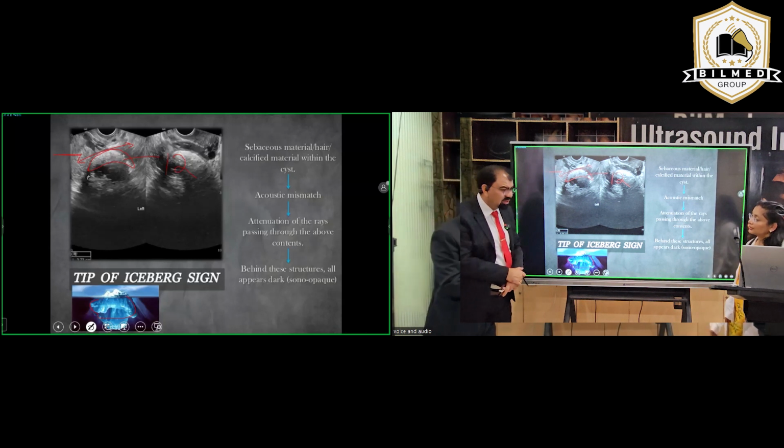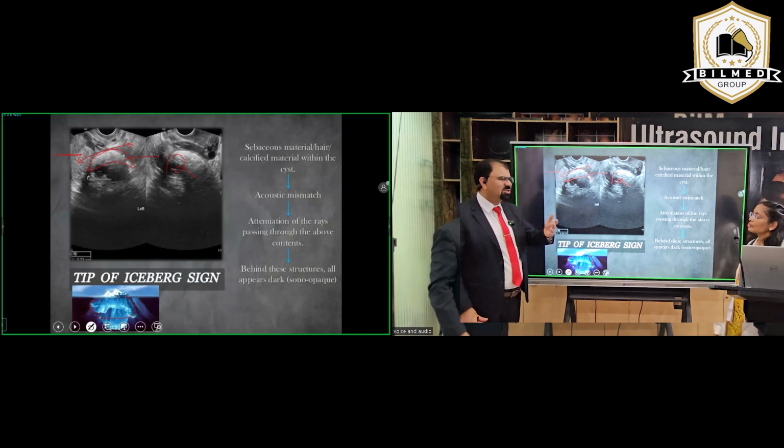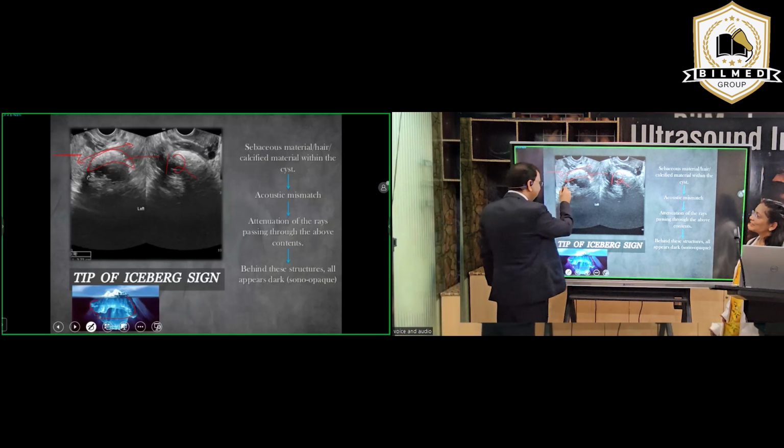Have you not seen cases where it was reported multiple times as a cystic lesion, cystic dermoid, measuring 12 centimeters or 20 millimeters, but when you operated, it was not 12, it was 112? These things happen. So the actual dermoid is over here.